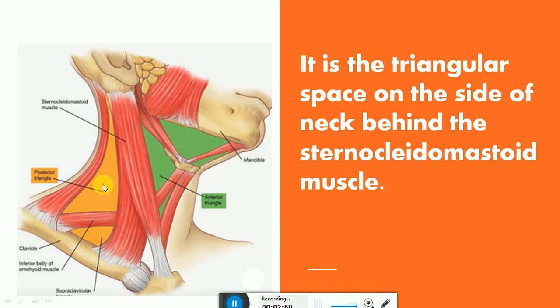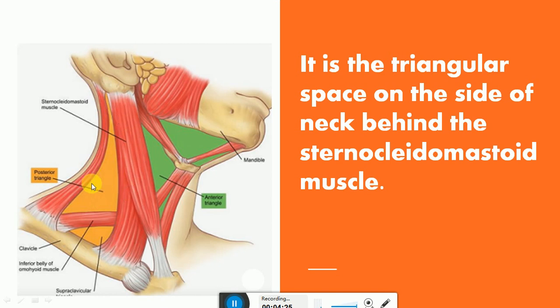So this is a triangular space, as the name is suggesting, posterior triangle. Posterior means behind the sternocleidomastoid, and it is triangular in shape. Anterior to this triangle, which muscle is present?